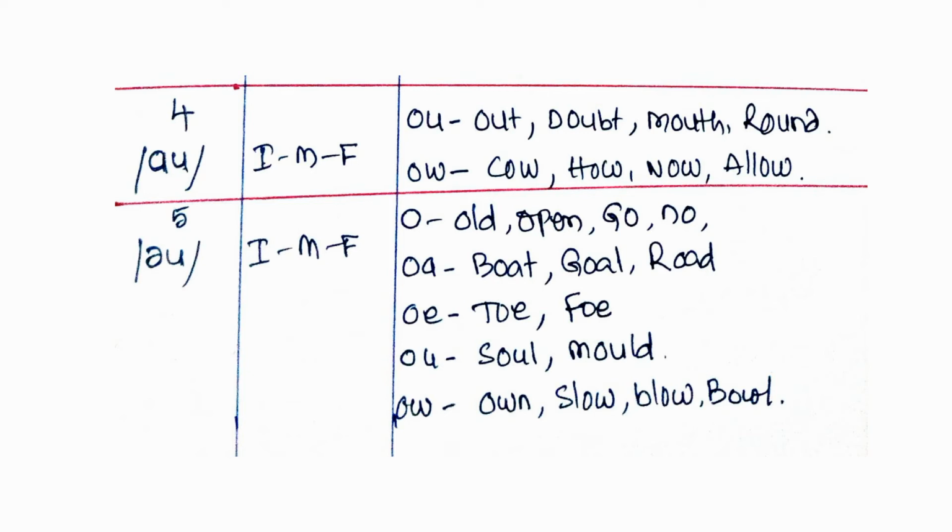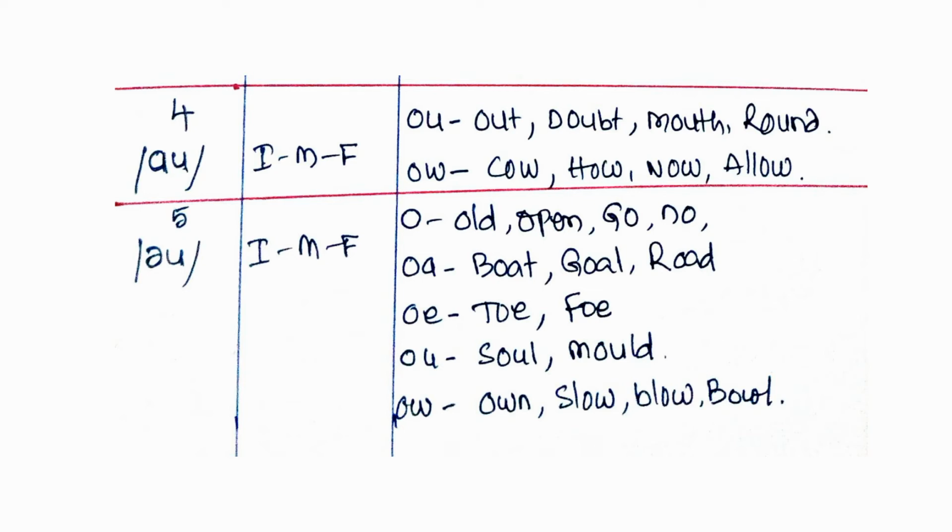This diphthong is represented with the spelling OU in words such as OUT, out, DOUBT, doubt, MOUTH, mouth, ROUND, round, like this.